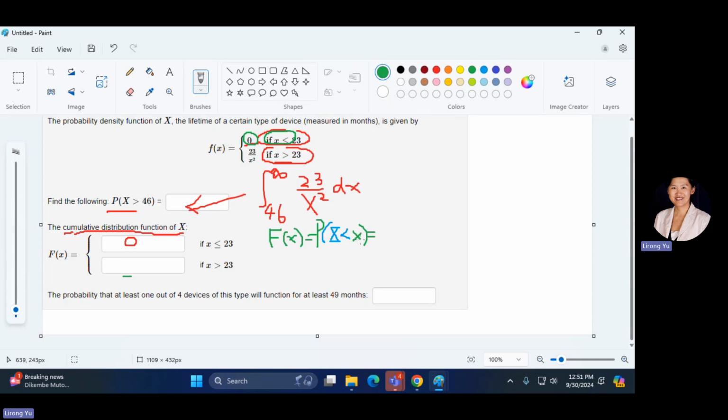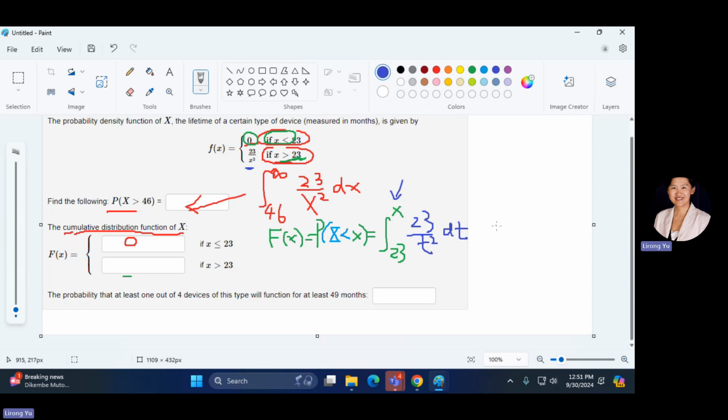So you're going to integrate with your upper limit being x and your lower limit being 23. So it's 23 to x. We are integrating the density function, so we change the variable to t: 23 over t squared dt.